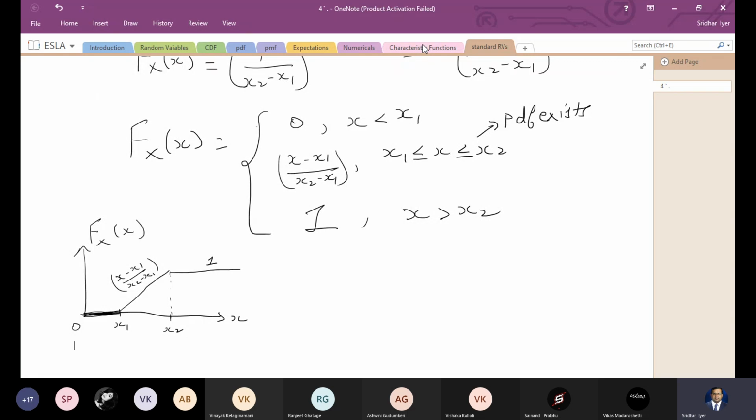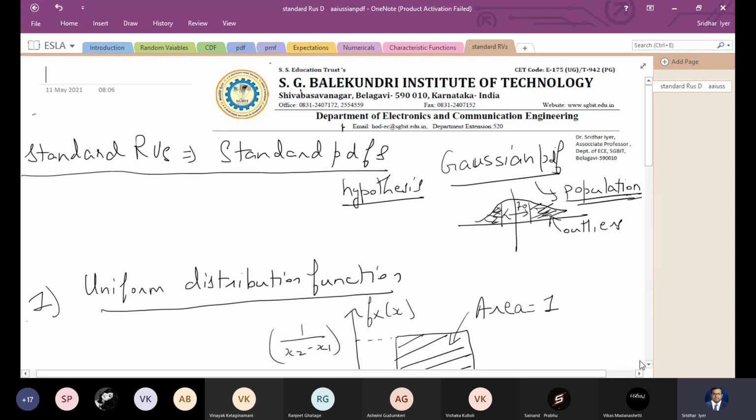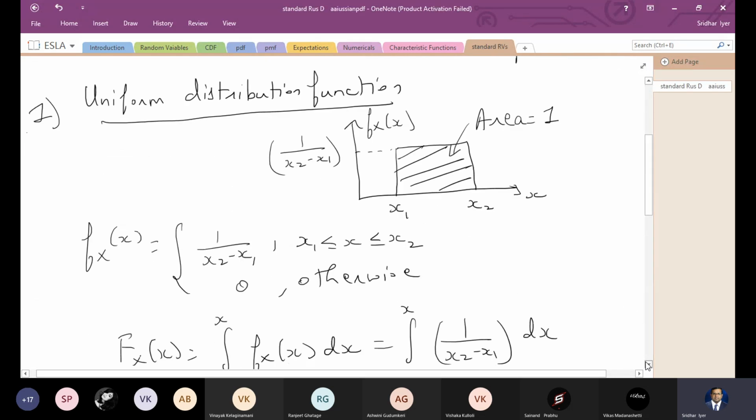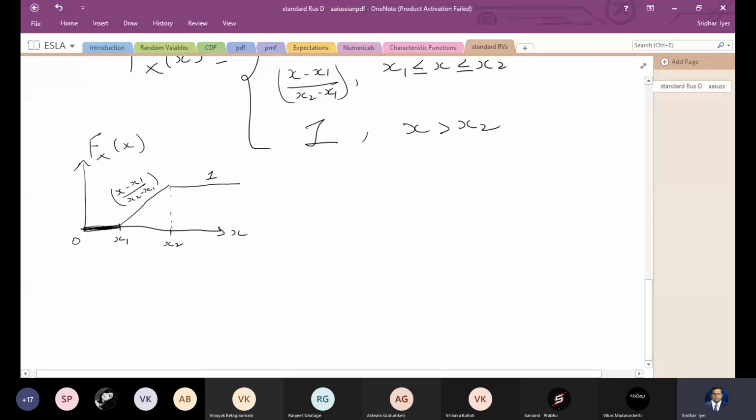Now you can also find the mean and the variance value of the uniform random variable, right? So how do you find the mean and the variance value for the uniform random variable? To find the mean, mu x, we need to write the equation, which is minus to plus infinity x fx of x dx, right? Therefore this will be, I'll leave the limits now. You'll have x fx of x dx.